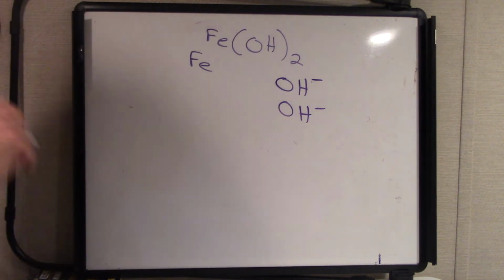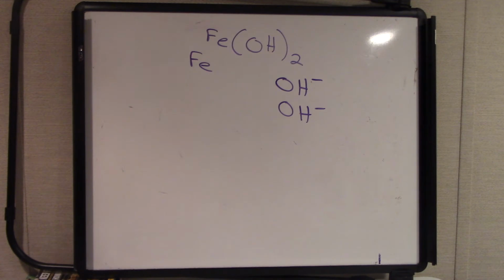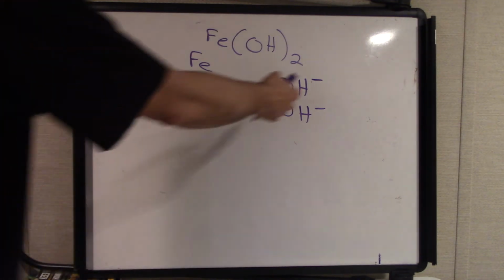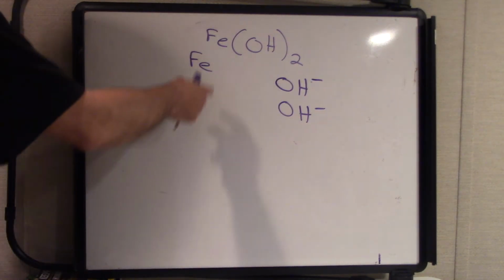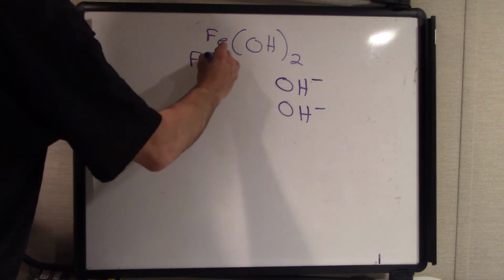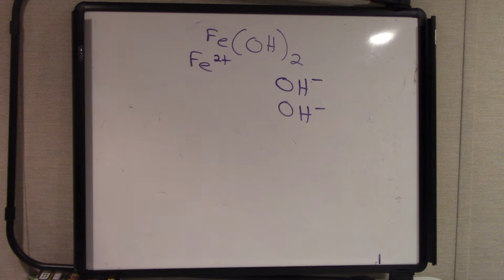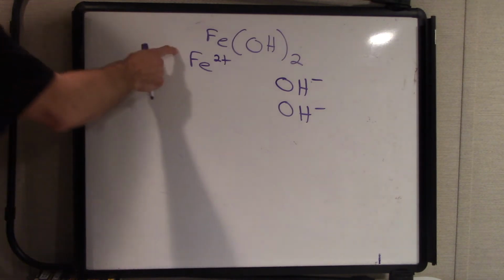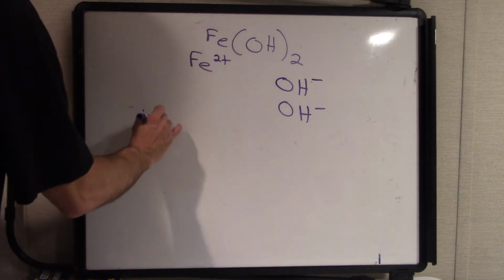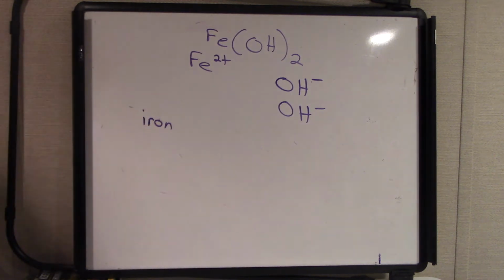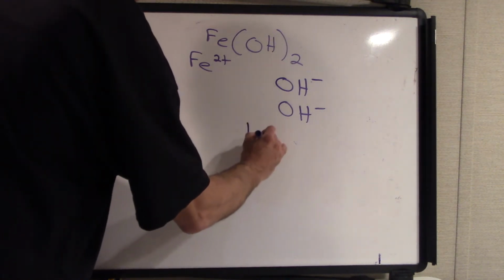Remember, that's not coming from the periodic table either. We had to memorize that. -1, -1, total of -2. That means this iron must have a charge of +2. So now I'm ready to write this name. Positive ion first, iron. Negative ion second, OH-.